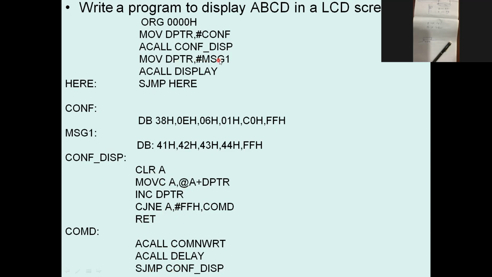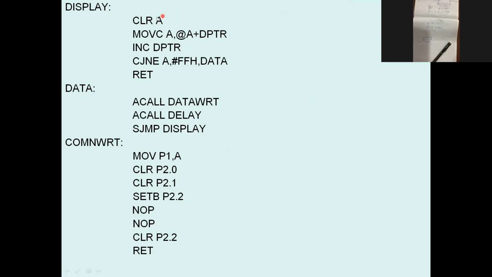In the main program, MOV DPTR, #message1 means the address 41H will be stored into the DPTR with the help of this line, right? ACALL display comes next. Again, just see, it is the same program, only it jumps to the data word instead of the command word.